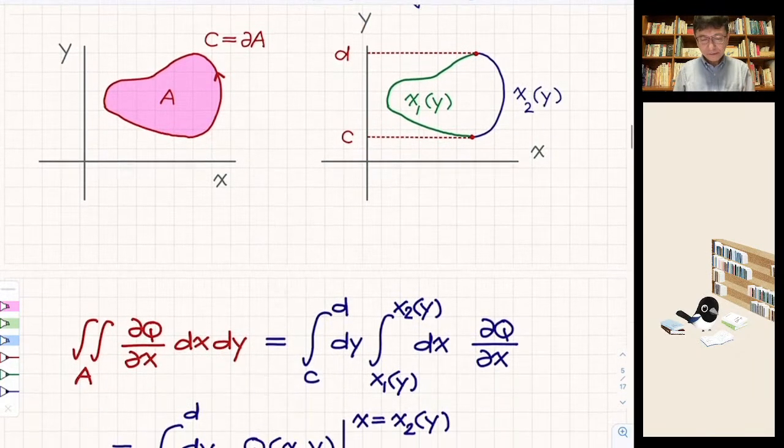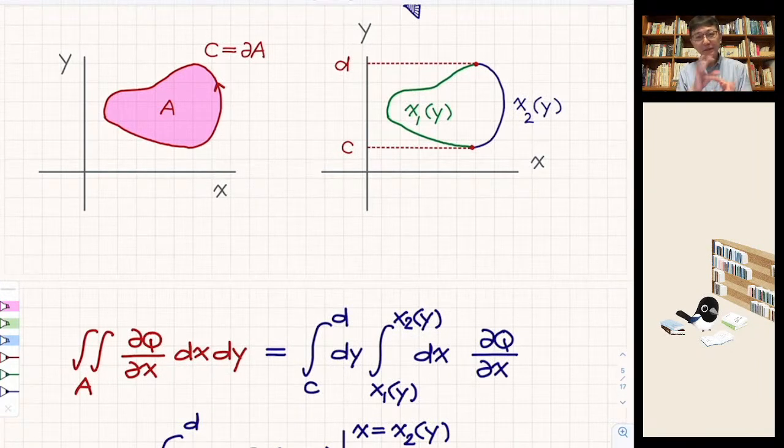So let's keep these figures and see how we can massage our double integrals a little bit. Okay, so this is the double integral we're interested in. But as I said, the details are important here when you perform multiple integrals together. So writing down the lower and the upper limits of the dy integral, that's going from C to D, so that is this part.